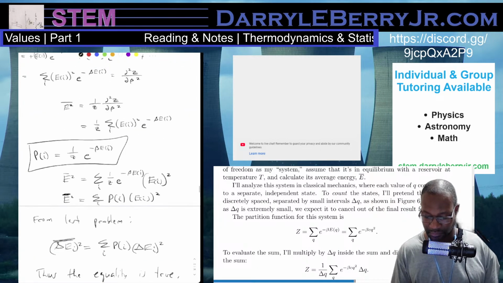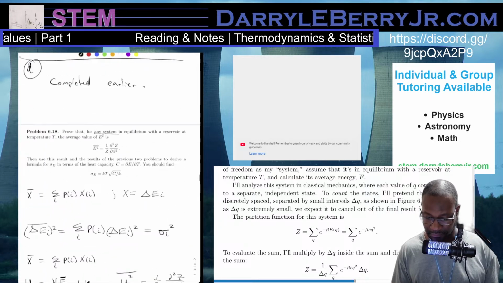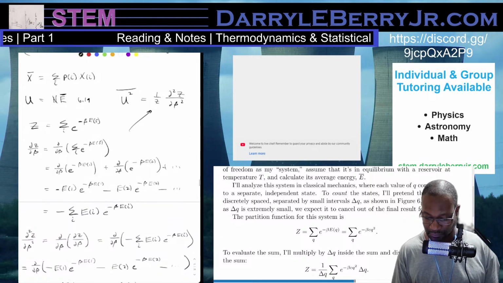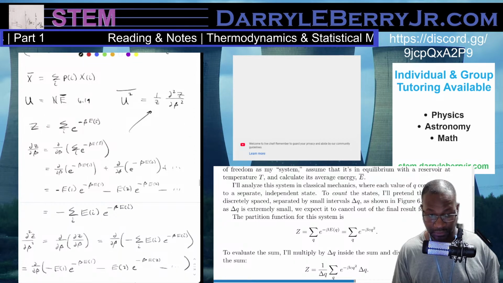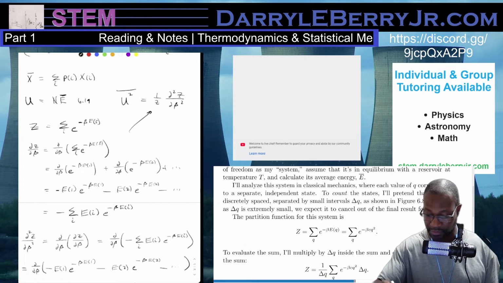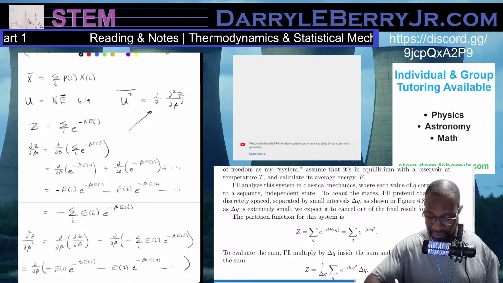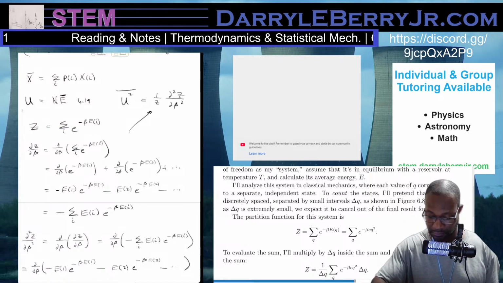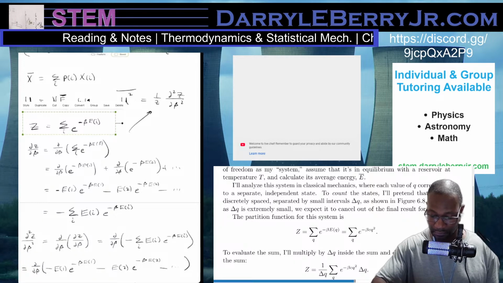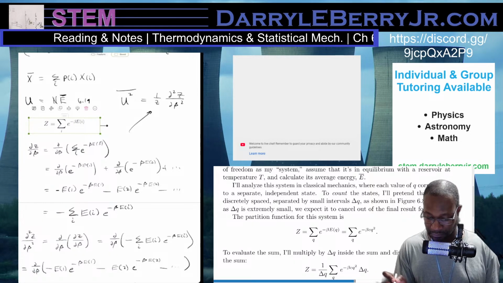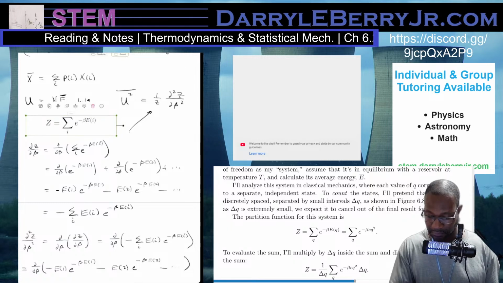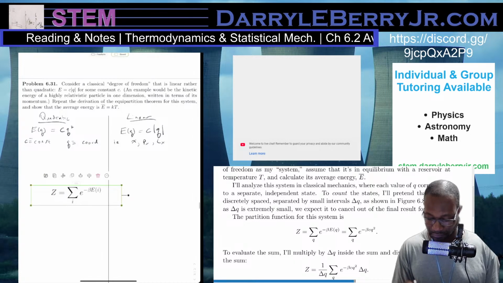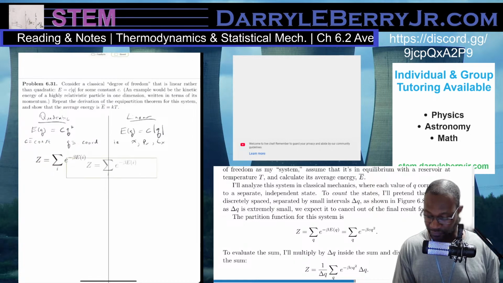The partition function, and I should have that down already. Here it is. Technically, this should be sum over i. This should be the same for both.